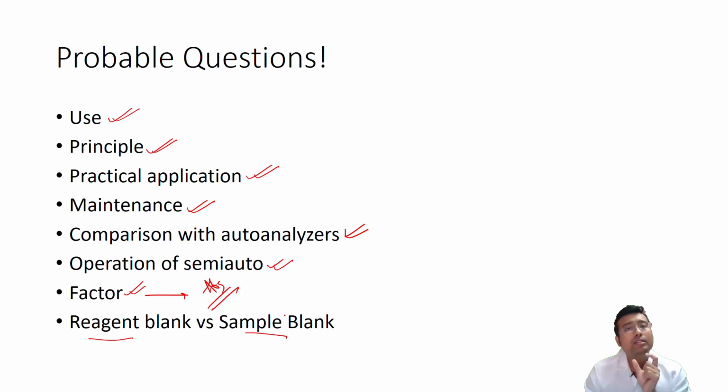Then if there is any change in OD or turbidity due to the sample itself, the machine will note it and zero it down. So when you are actually mixing your final analyte, that is proper reagent with proper sample, all those errors will be minimized and you will get the most accurate result.